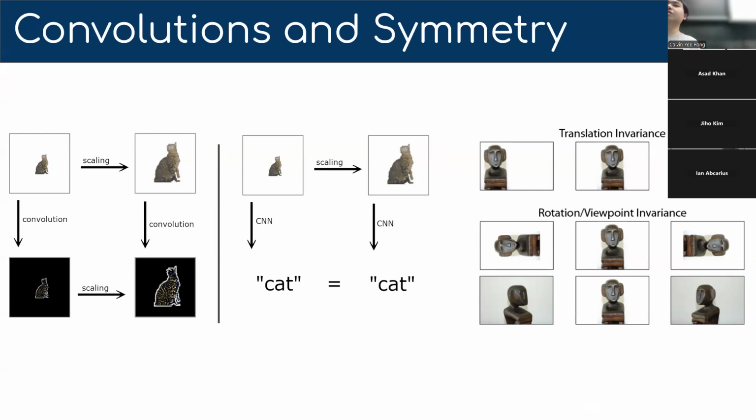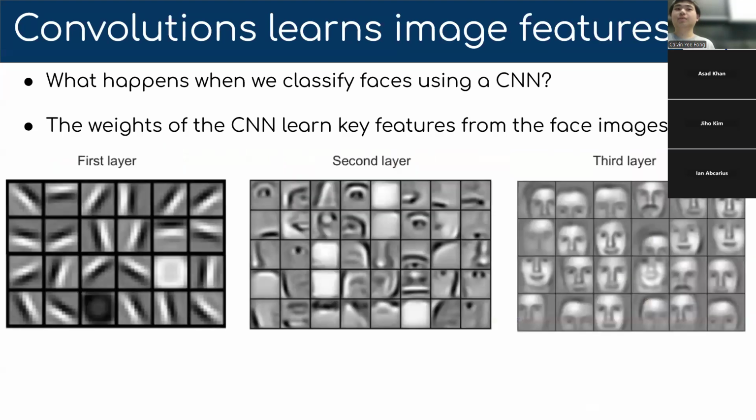Because of these symmetries and the convolution operation, there are some very interesting patterns you can observe once you train these convolutional neural networks. For example, if you classify images using a CNN and look at the weights of these convolution matrices, you can see that as you go deeper into your CNN, each layer learns some specific level of detail behind your data.